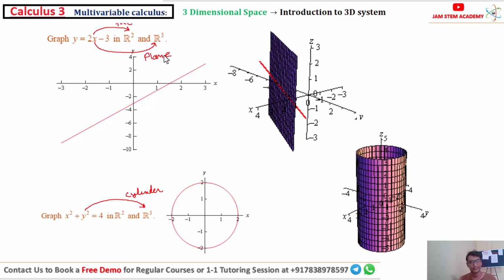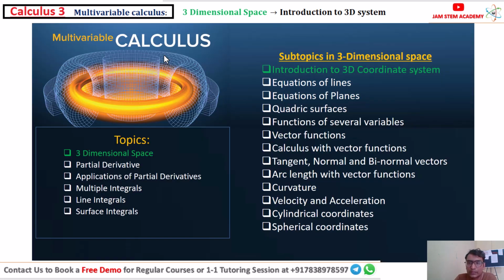So that is it, and hence that was the introduction to the 3D coordinate system. In this session I explained how to generalize the distance formula from 1D to 2D to 3D, then how to draw the graphs. You have to consider that 2D shape first and generalize it to 3D.